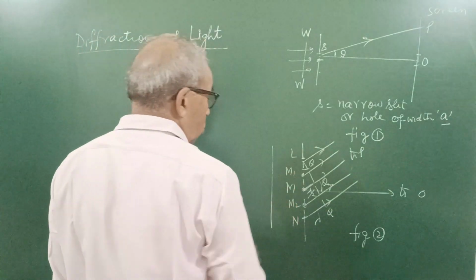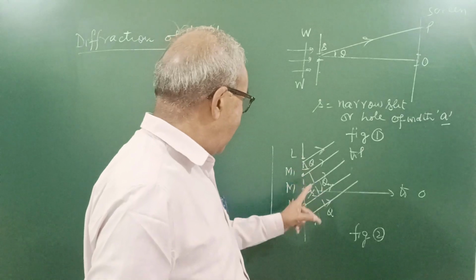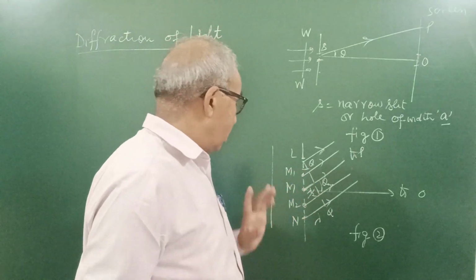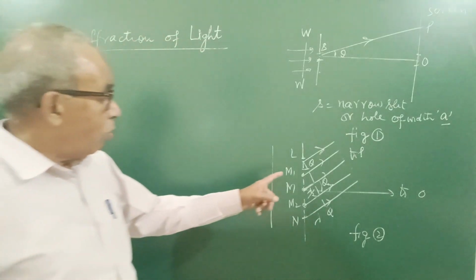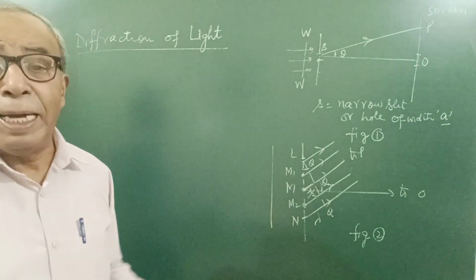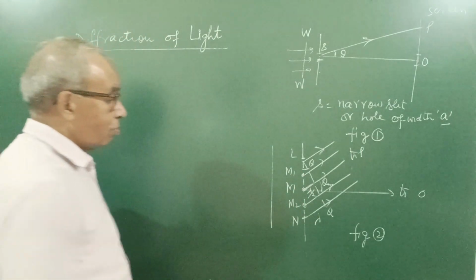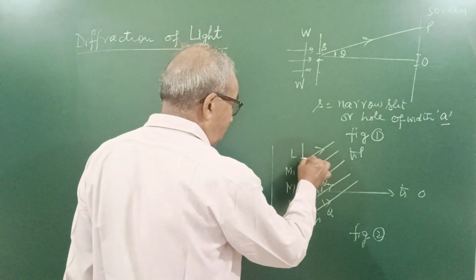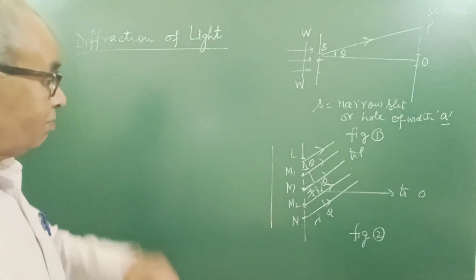Now we have divided the slit into two halves, LM and MN, and further M1 and M2 are the two midpoints in the two halves. M1 is the midpoint of half LM, M2 is the midpoint of half MN.